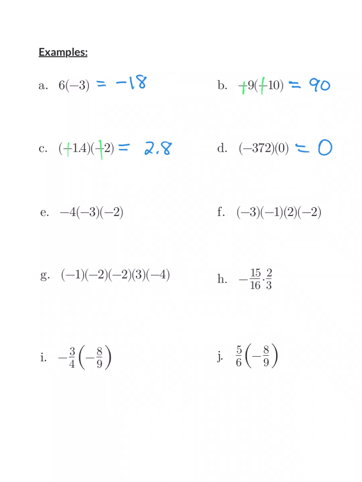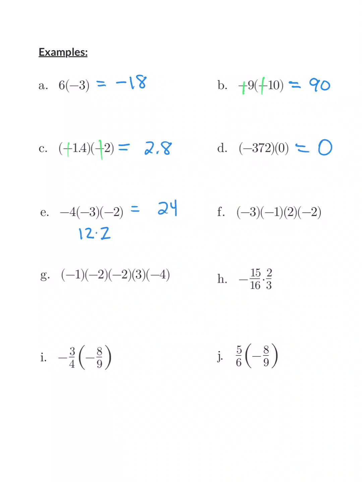Let's look at example E. Even with this one, we can just multiply all of the numbers disregarding the signs, and then put the sign in at the end. So 4 times 3 is 12, times 2 gives me 24.